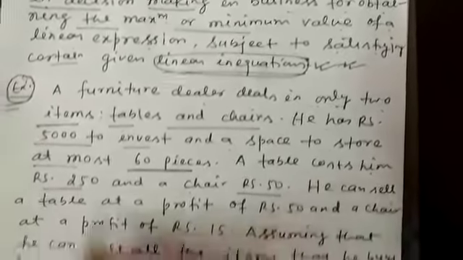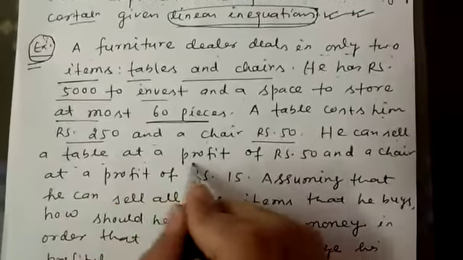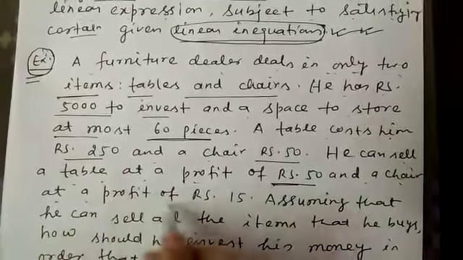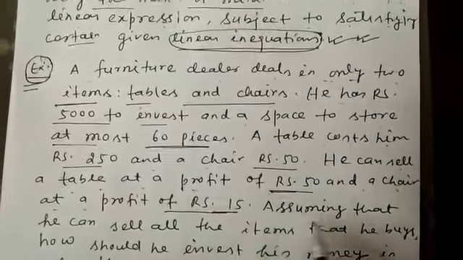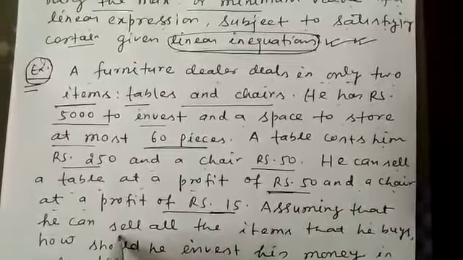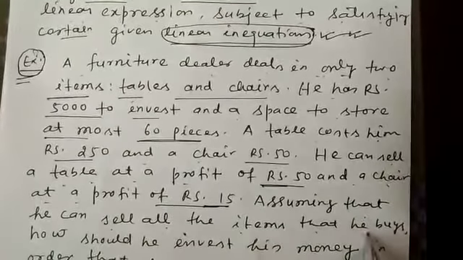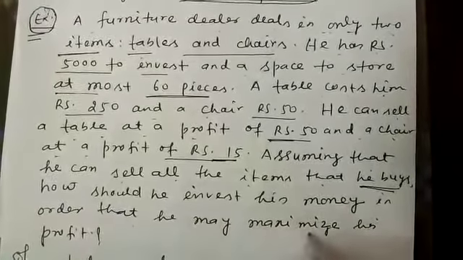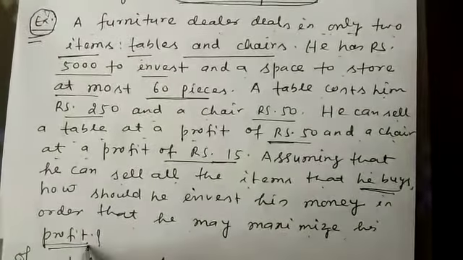He can sell a table at a profit of rupees 50 and a chair at a profit of rupees 15. Assuming that he can sell all the items that he buys, how should he invest his money in order that he may maximize his profit?